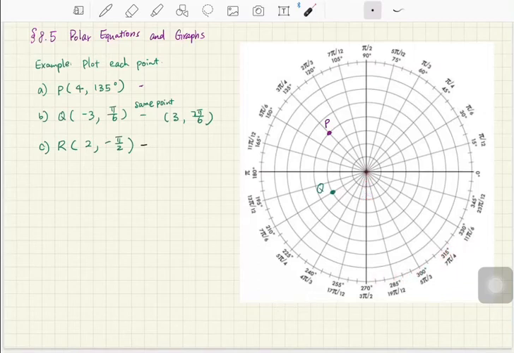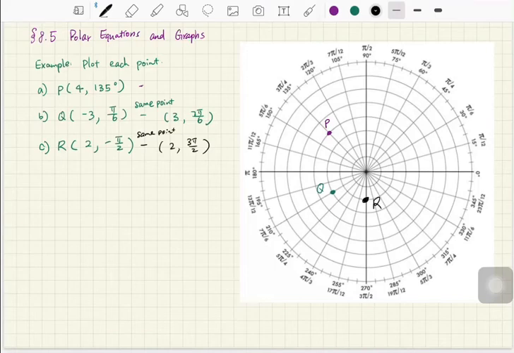So this point. However, it's also the same point if we do not want to use the negative: it's also the same point as (2, 3 pi over 2), or any other possible locations.